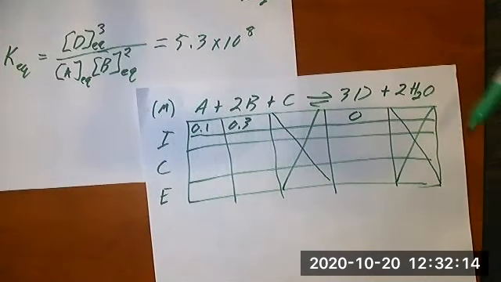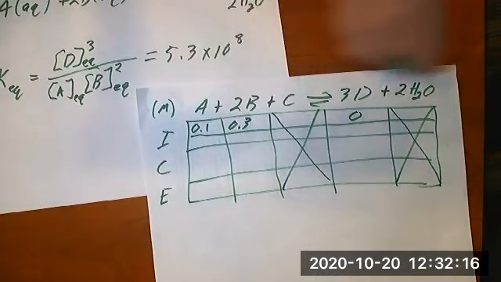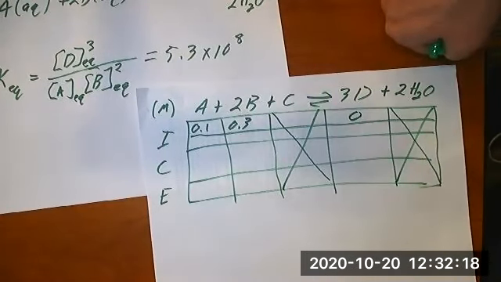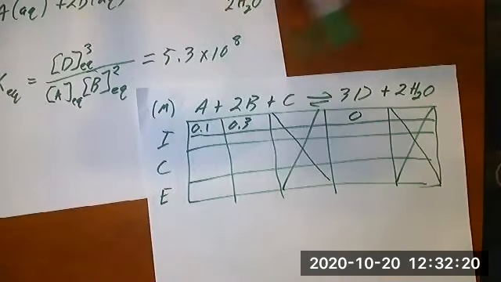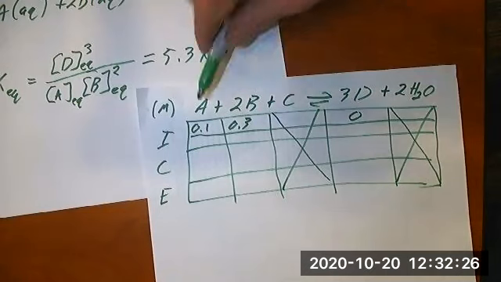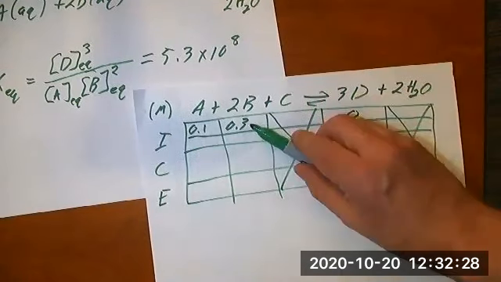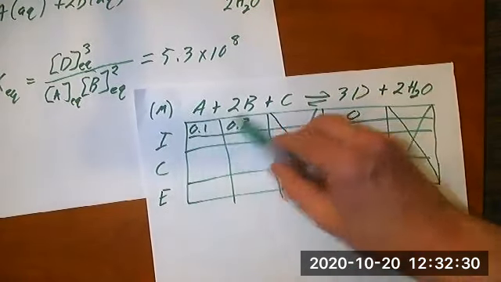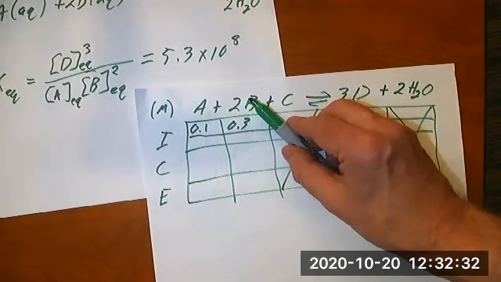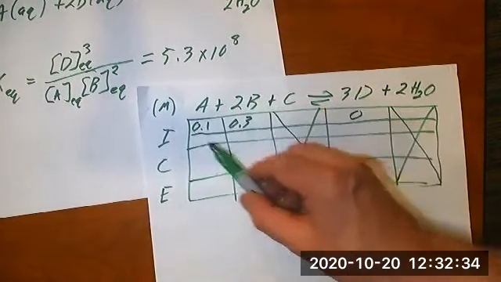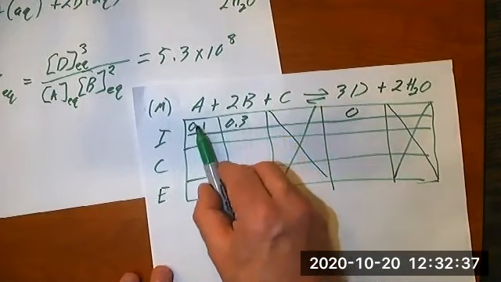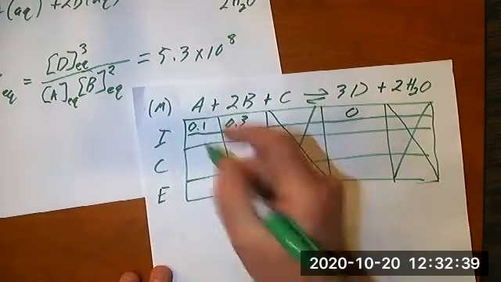So now, if we imagine running the reaction as far to the right as possible, which of A or B is our limiting reagent? A, because we have 3 times as much B as A, and we only use up twice as much B as A. So we're going to have the 0.1 of A all react away, giving us 0.